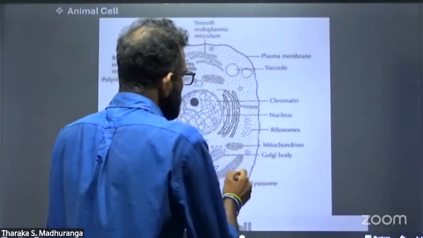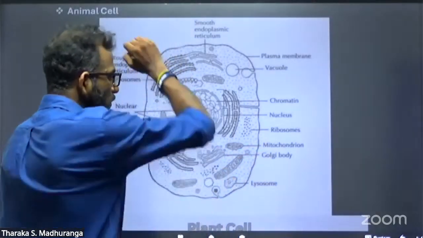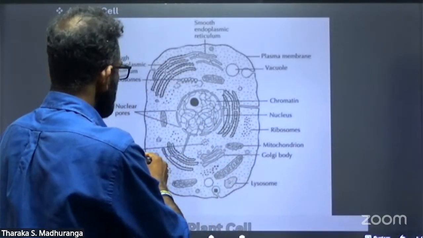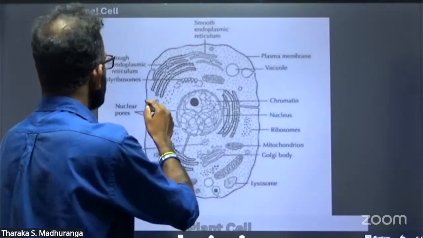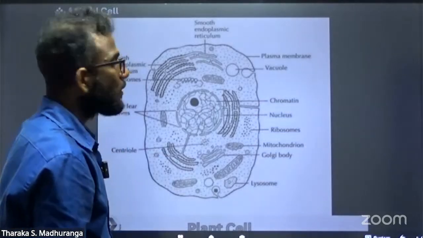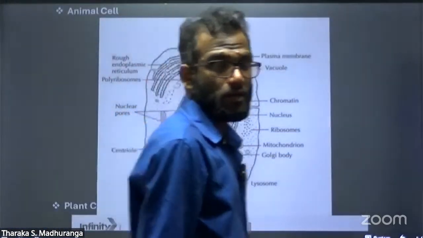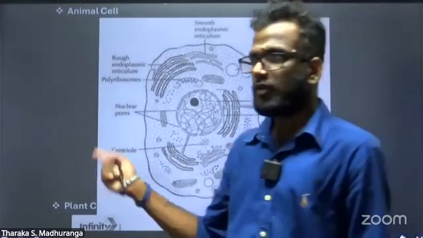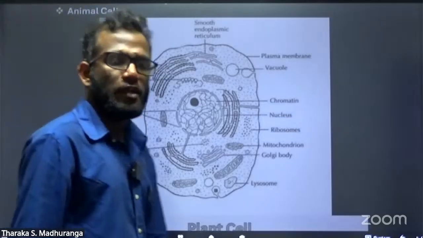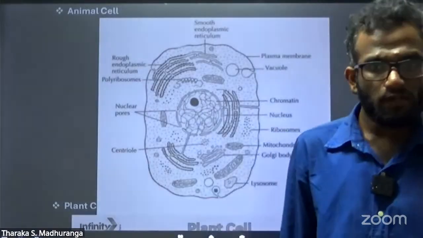And there are mitochondria, Golgi body or Golgi apparatus, and lysosomes as well. The centriole is not important. The important one is the endoplasmic reticulum, ER. There are mainly two types, smooth endoplasmic reticulum and rough endoplasmic reticulum.